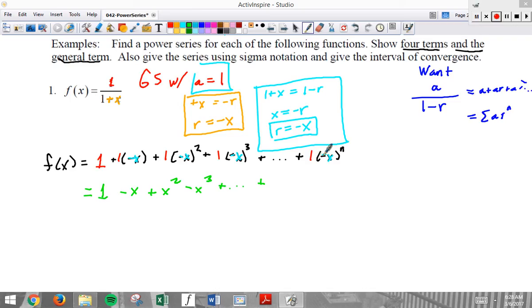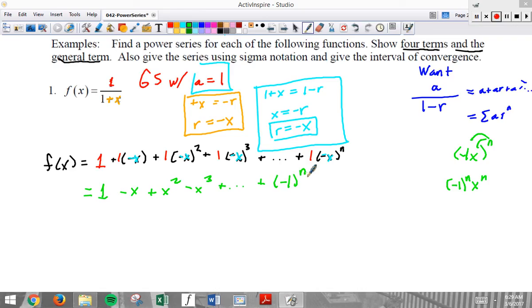So usually we separate this out. A lot of students seem to have trouble with exponent rules. If you aren't good with your exponent rules, you will have a really bad time. I can distribute exponents over multiplication like that. So I have negative 1 to the n, with parentheses, x to the n.